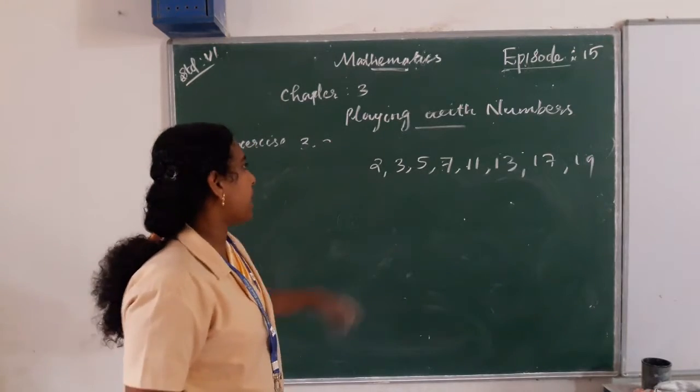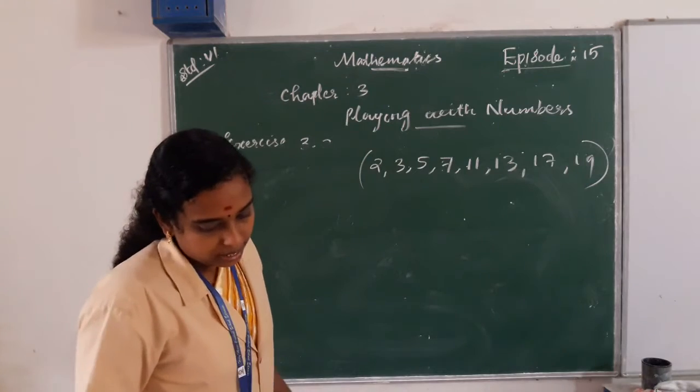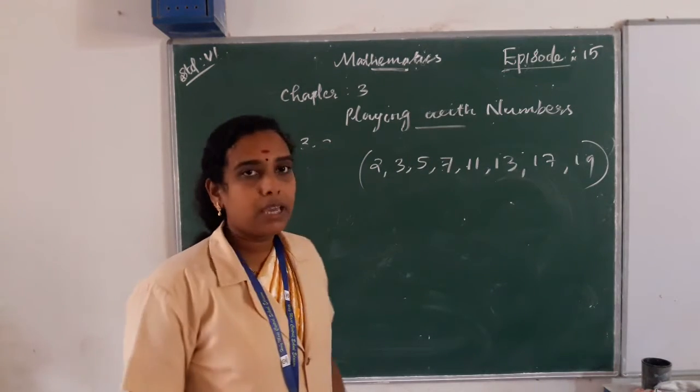So we use any prime numbers from here and take the sum, then we get the answer which is divisible by 5.